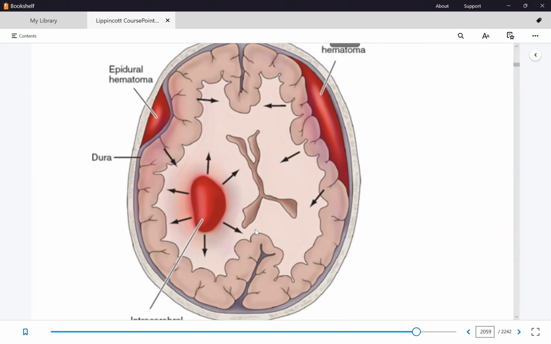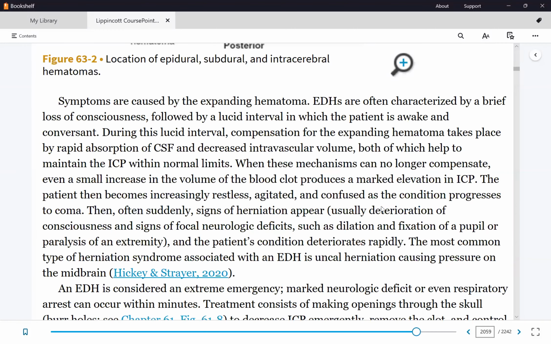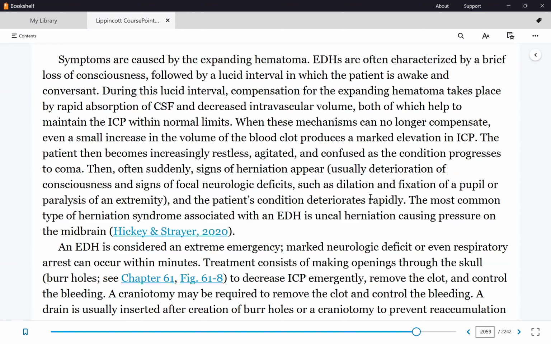If you now have an increased volume of CSF in the brain, what do we call that condition? Hydro... Hydrocephalus. Okay. Can hydrocephalus occur as a secondary injury? Yes, that's one of the secondary injuries, and of course, that will cause increased ICP.